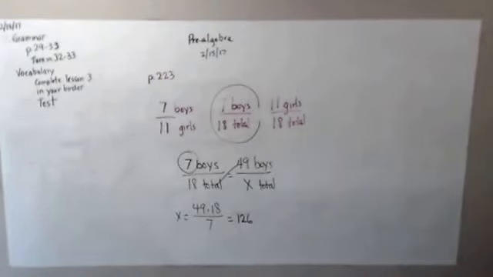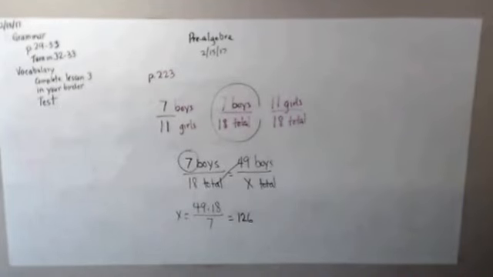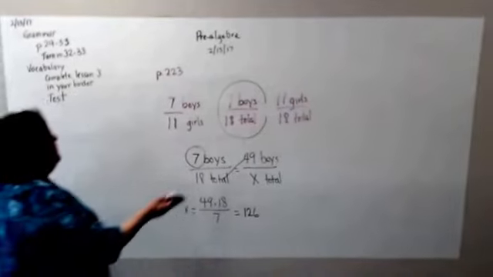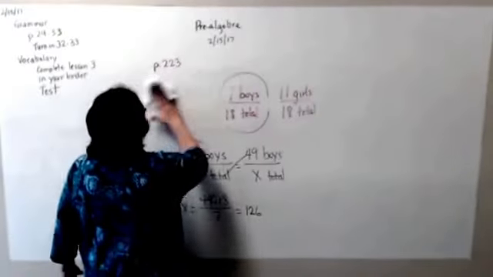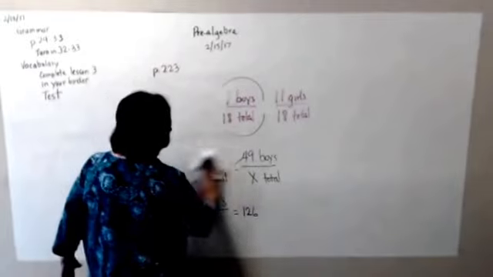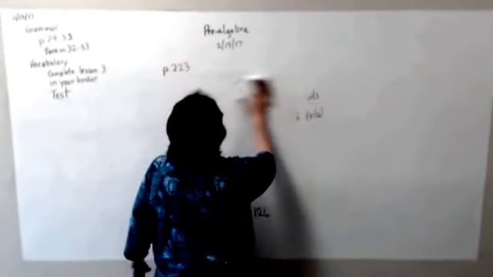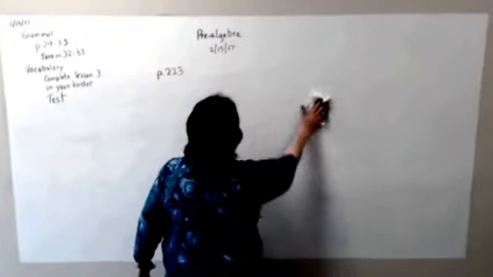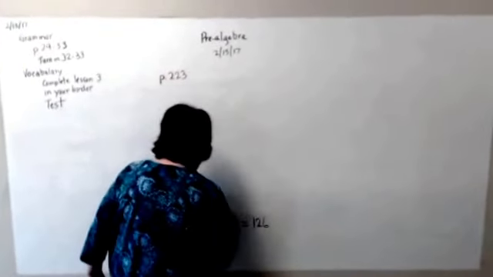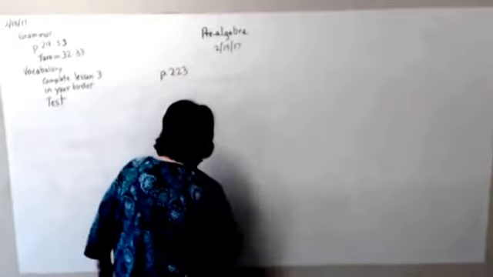Now, look at number 2. Write the first ratio that they give you, and then write the other 2 ratios for me.